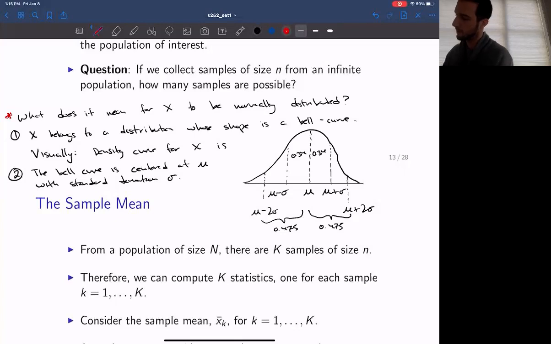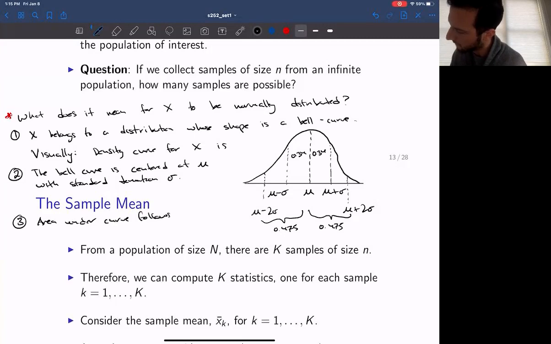So that is area under the curve following the empirical rule. And then if you move another standard deviation, so 3 standard deviations on each side, you then have 99.7% of the area.